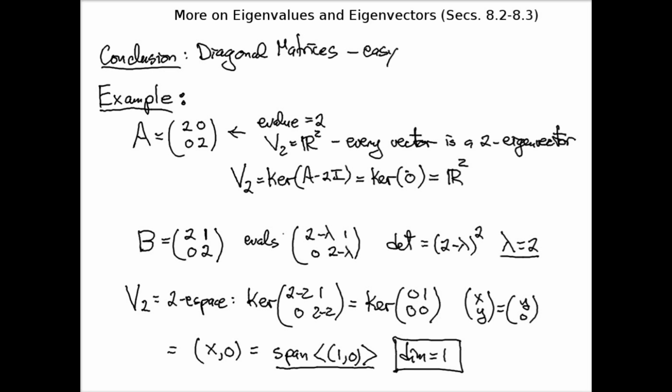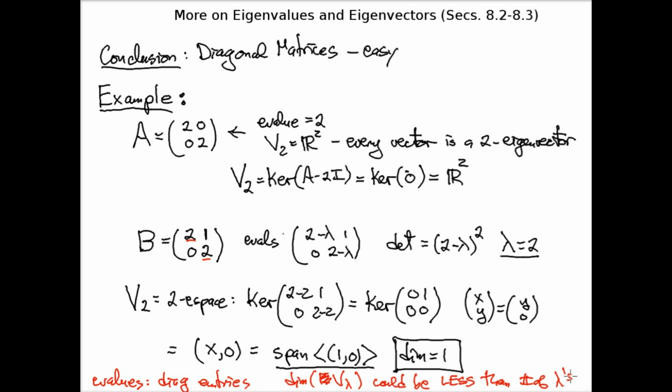The eigenvalues are still these 2's, the diagonal entries, but the dimension of the corresponding V lambda could be less than the number of lambdas on the diagonal.